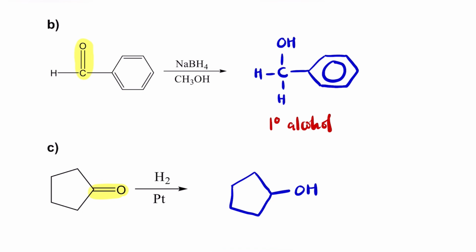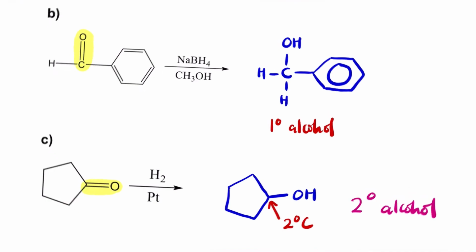So what you have here is this carbon is our secondary carbon. So automatically this one is our secondary alcohol. So it is proven that when you reduce an aldehyde you will get a primary alcohol. When you reduce a ketone you will have secondary alcohols.